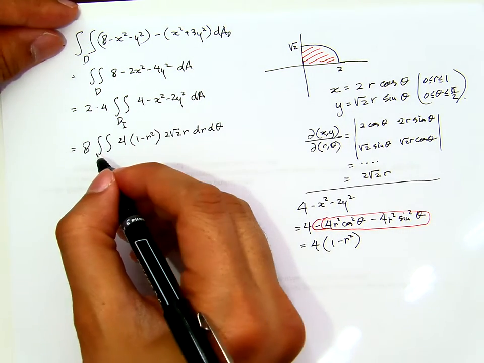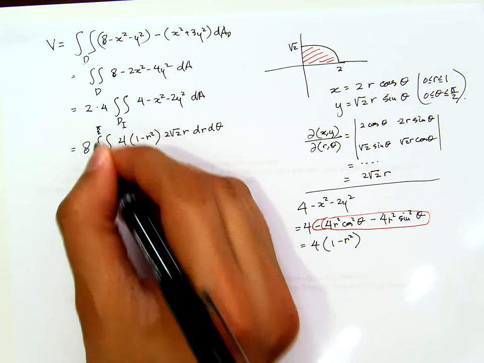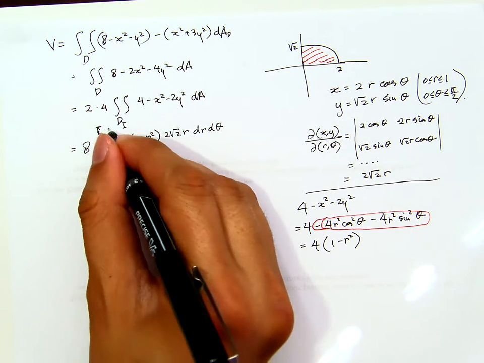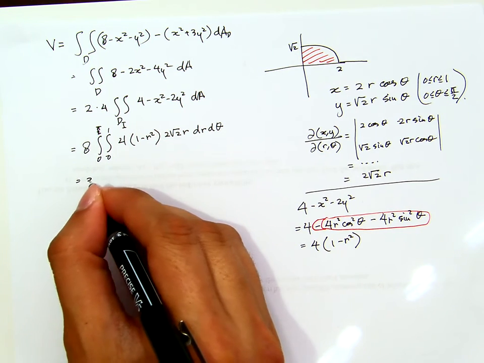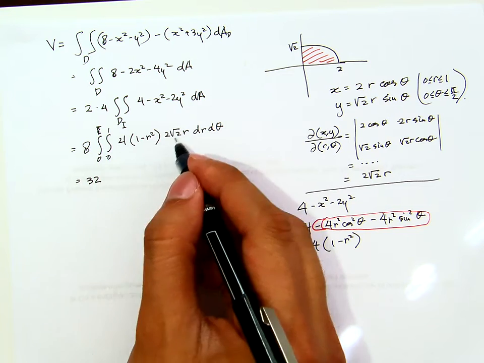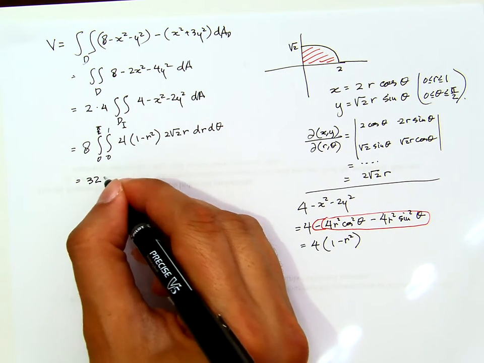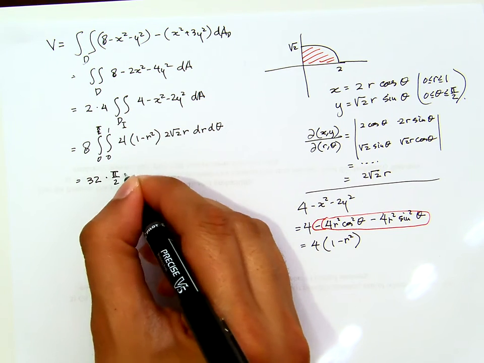The limits of integration: theta will be from 0 to pi over 2, and r will be from 0 to 1. Now I will have 32, and since the integrand is independent of theta, I take the pi over 2.